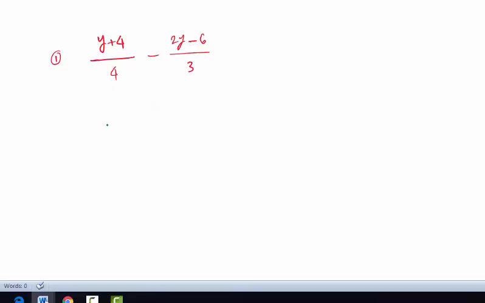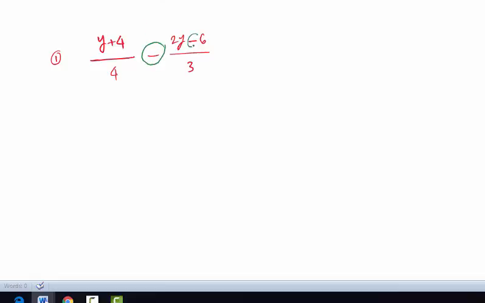Our task is to simplify, not to get any answer, but obviously the simplification would be the answer. As you can see, we have a negative symbol here.